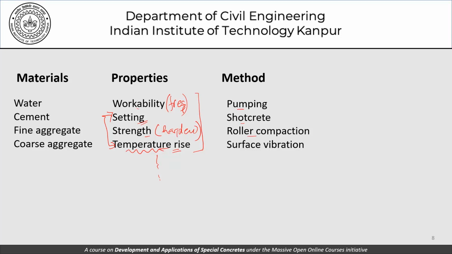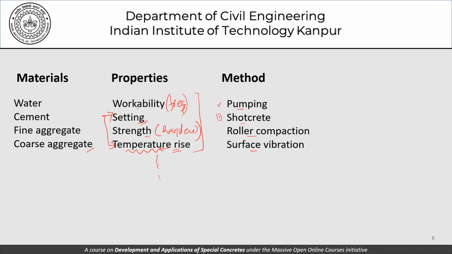What are you trying to do? If you're trying to pump concrete, obviously you would not like to have very dry concrete. If you're trying to do shotcreting, what are the limitations or constraints under which you will work? You may possibly not be able to work with very large coarse aggregates and so on.